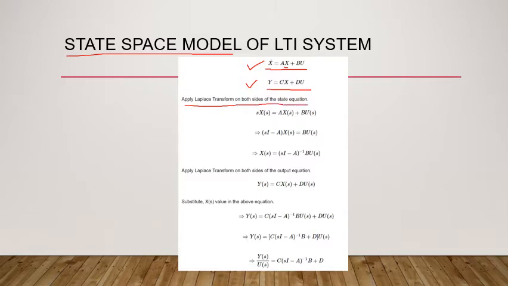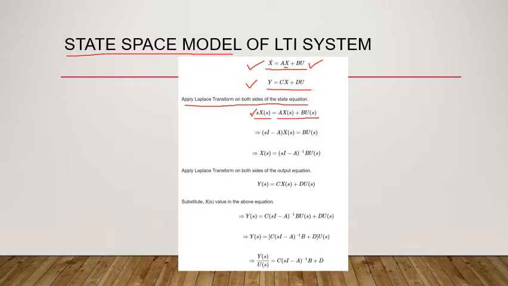If I take the Laplace transform of the first equation, x dot is representing differentiation. We know that where there is differentiation, in the Laplace transform domain it gets multiplied by s. So we get a term s X(s) is equal to A X(s) plus B U(s).